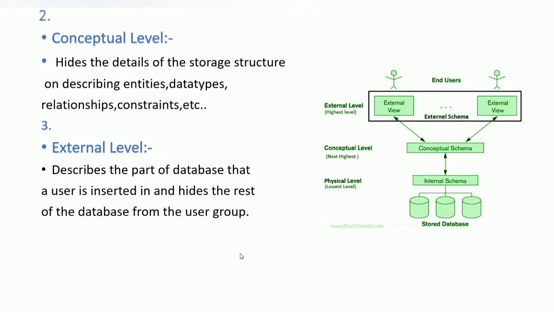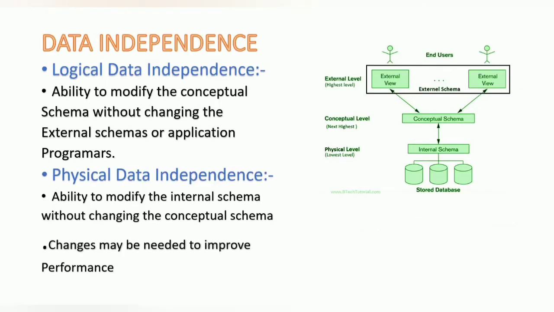After learning about 3-schema architecture, we can learn about another concept called data independence. What is meant by data independence? It is the ability to change at one level without affecting another level. When we change the conceptual schema, we do not have to change the external schema or external view.